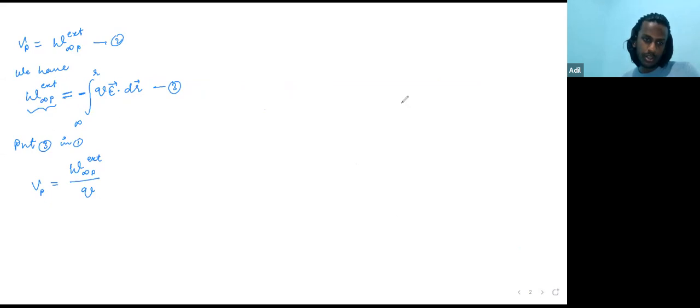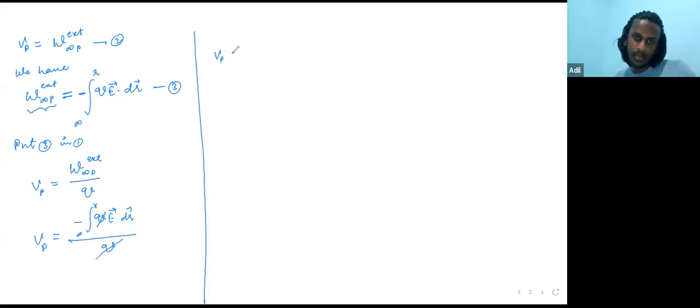When we put this value, we get minus integration from infinity to R of Q times E dot dr over Q. Q and Q cancel each other, and we get V at P equal to minus the integration from infinity to R of E dot dr. Are you clear till here?